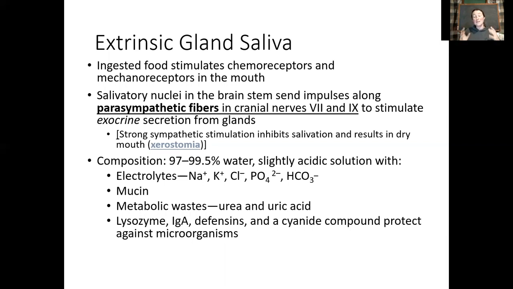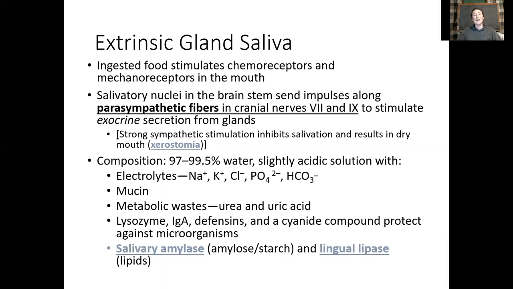And so this is the type of saliva that is chock full of immunoglobulin A. Right, so IgA is a type of antibody that is recognizing things that don't quite belong, that we've already seen before, that are in our mouth, but also proteins like lysozyme and defensins, also a little bit of cyanide. All of these things work together to inhibit the infection of microorganisms into our mouth, or into our body here.